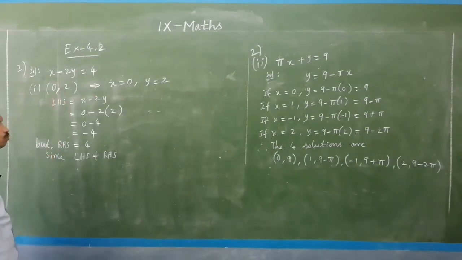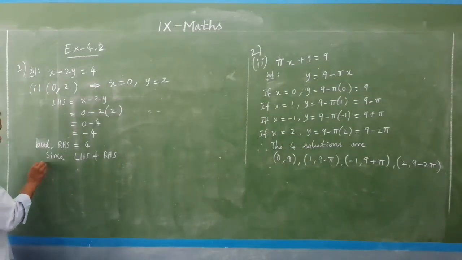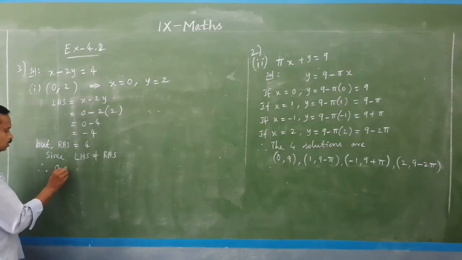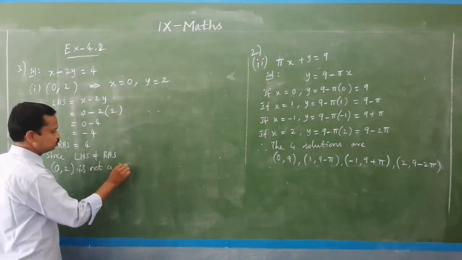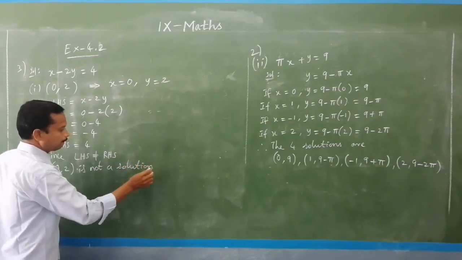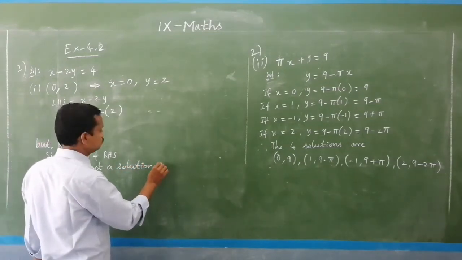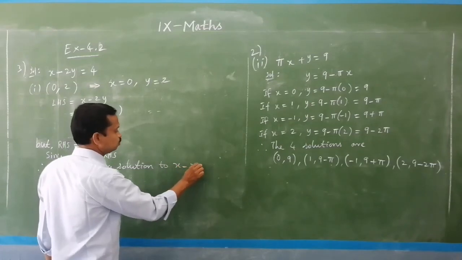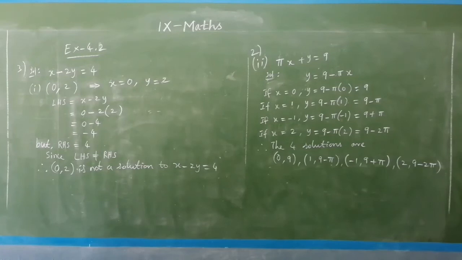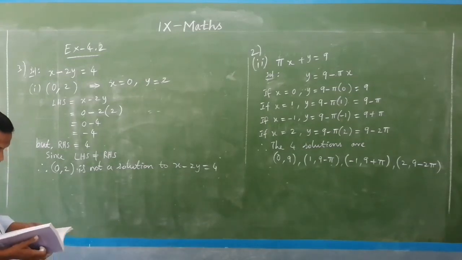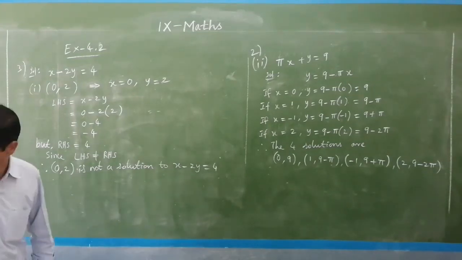Therefore, 0, 2 is not a solution of the equation. Not a solution to x minus 2y equal to 4. So, like that you have to proceed with all other options. And next option 4, 0.